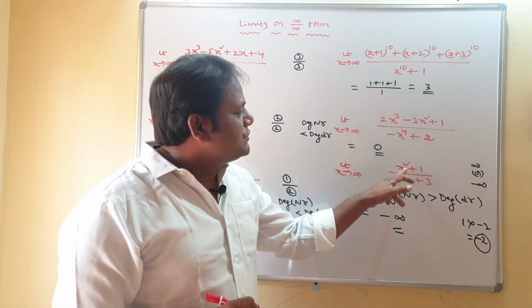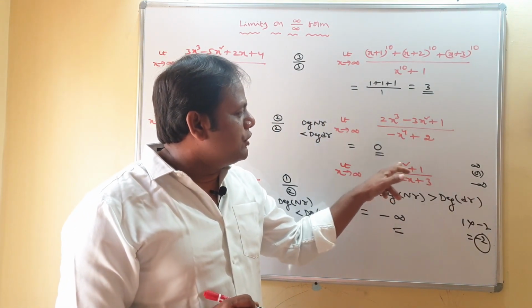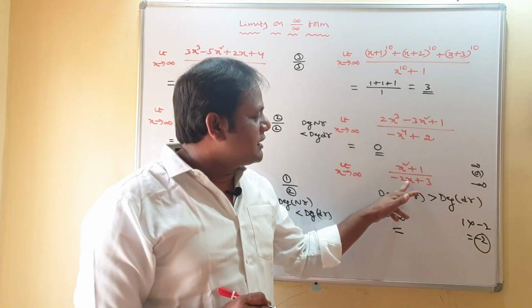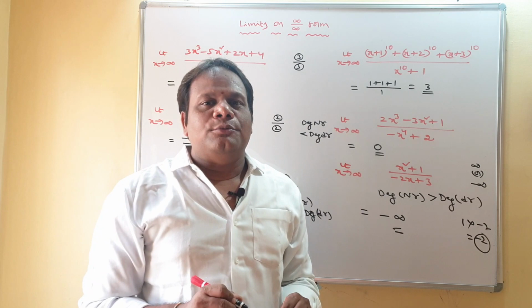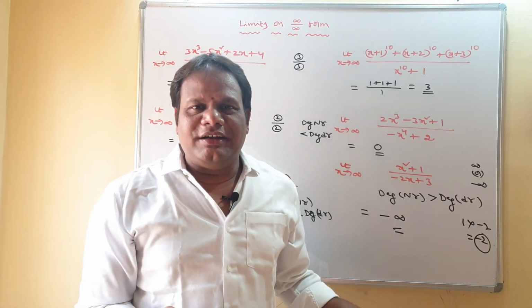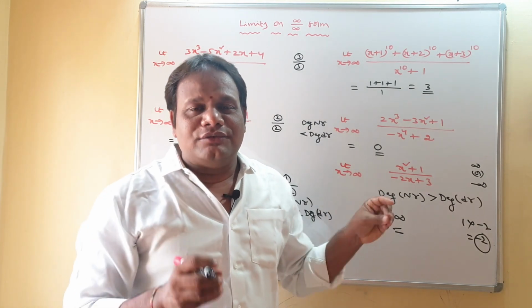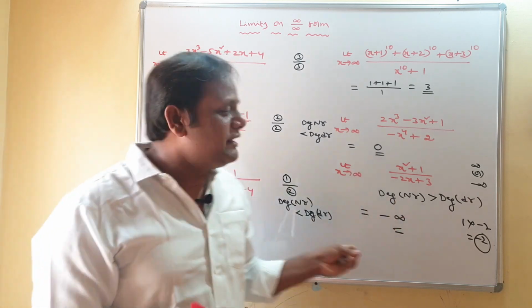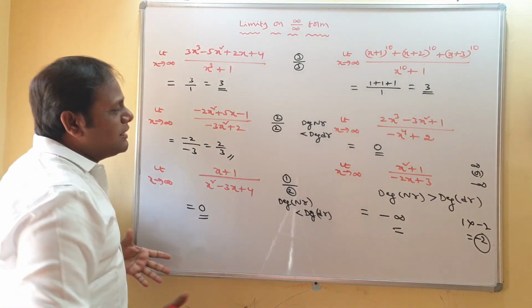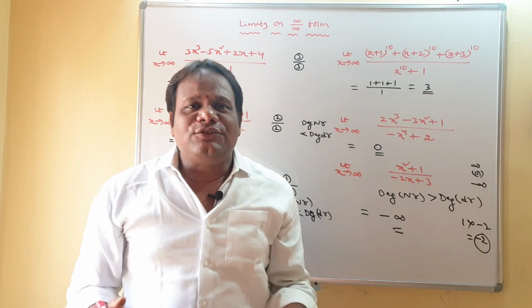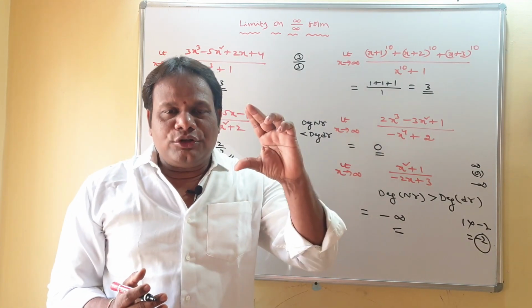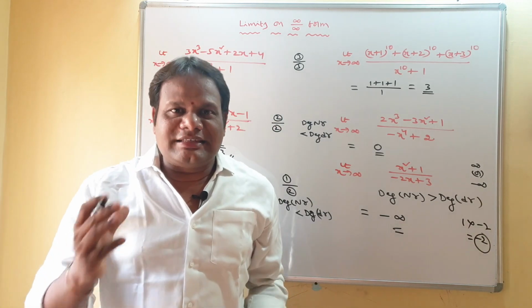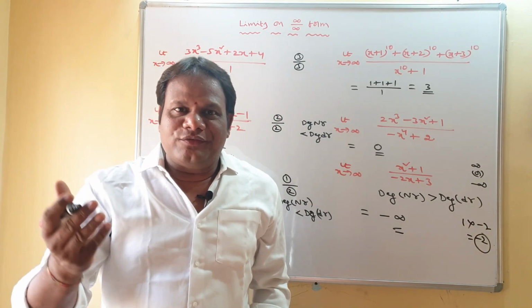So to write infinity or minus infinity, the basis is this only. Just take the highest term coefficient in the numerator and the highest term coefficient in the denominator. If their product is positive, it is plus infinity. If their product is negative, that is minus infinity. So my dear students, what is the shortcut here? Just observe the degree of the numerator and the degree of the denominator. If both the degrees are equal, the answer is the ratio of their coefficients.